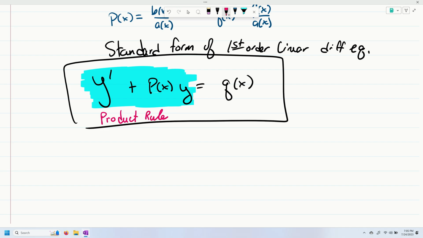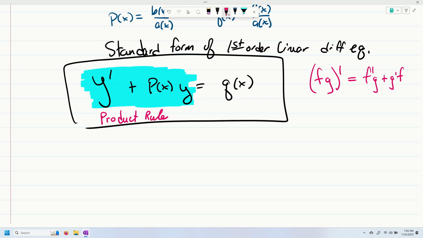It's not exactly the product rule yet, okay? But it's pretty darn close. If you think about what the product rule is, when you have two functions being multiplied and you want to take their derivative, all you do is apply the product rule, f prime g plus g prime f. And if you could see here, we kind of have that.